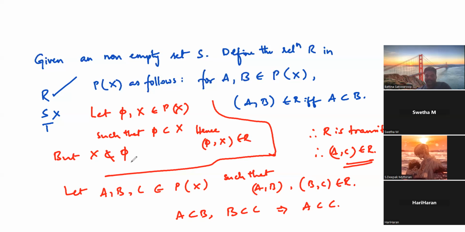Right? Yes, sir. Which implies that X, phi does not belong to R. Therefore, R is not symmetric. Your choice, you can write anything, no problem. Okay, sir.